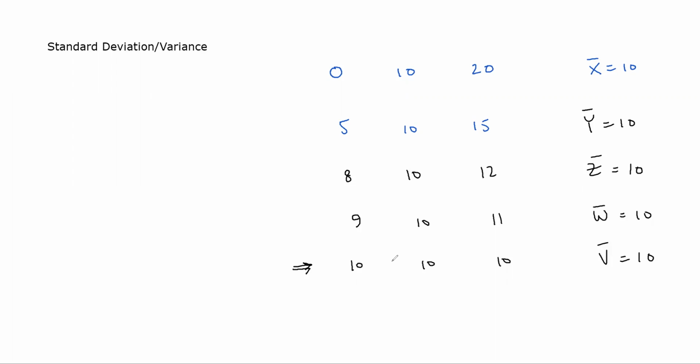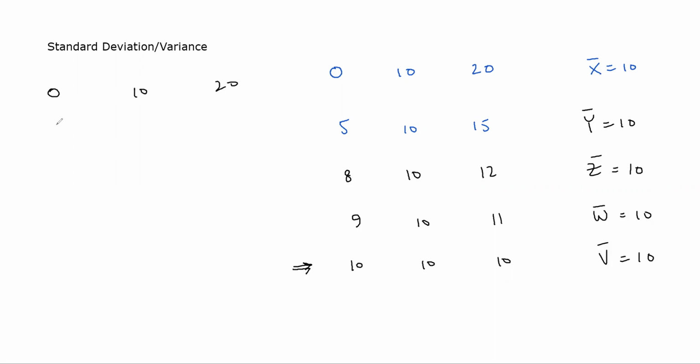So now what if we have a large number of observations, and sometimes you have the same range of the data, and still the mean is the same. For example, you have 0, 10 and 20, okay?